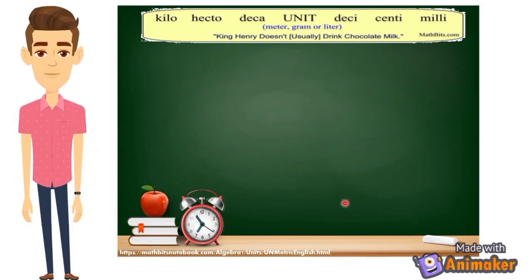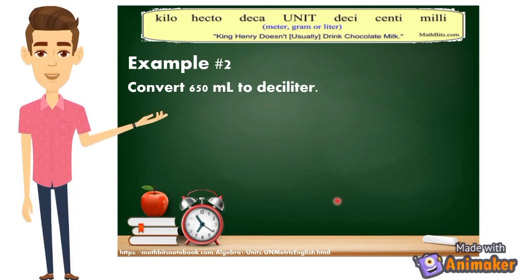Okay, let's have example number 2. Convert 650 ml to deciliter. Okay, so given na meron tayong 650 ml. Ang ml ay nasa prefix na milli. Andito po siya.